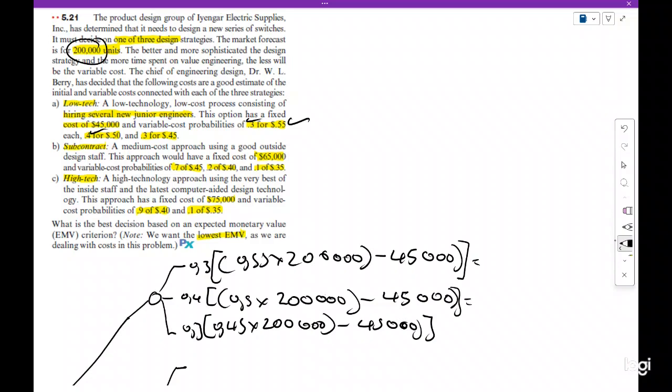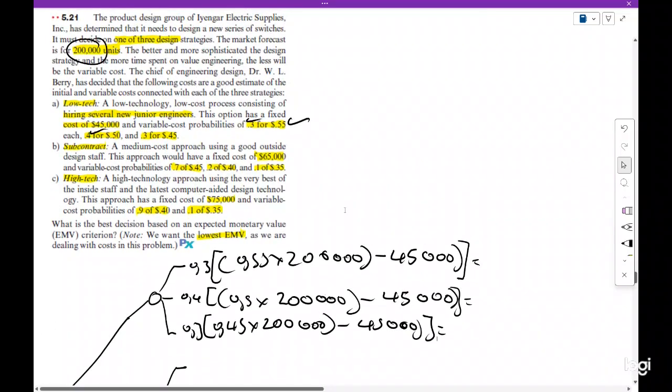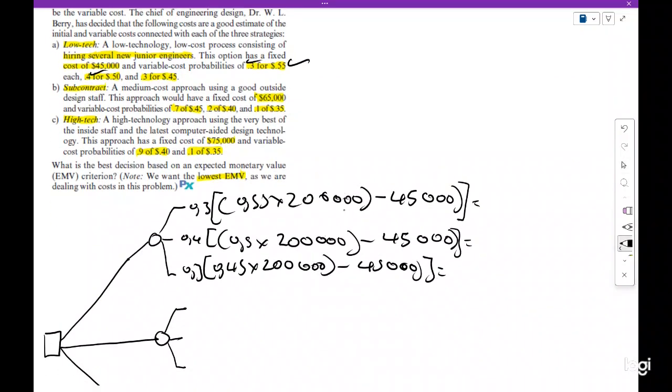Cost, cost. Then going down, we have 0.7 bracket. I can just write it here, I think.